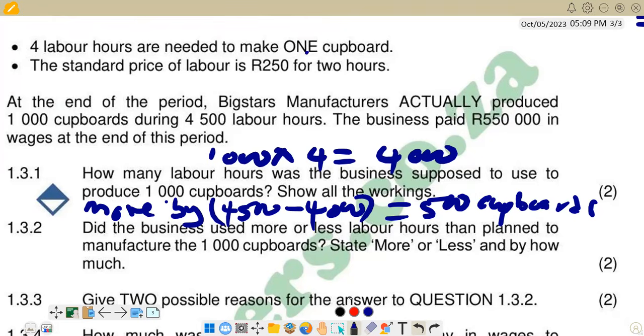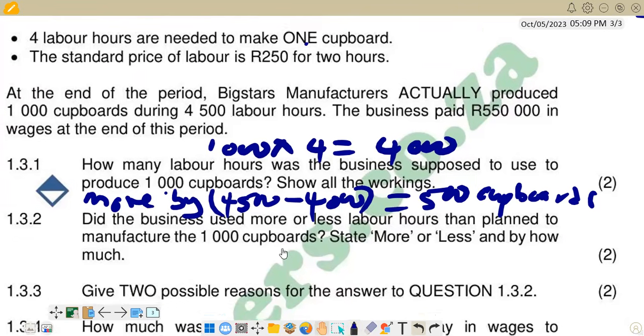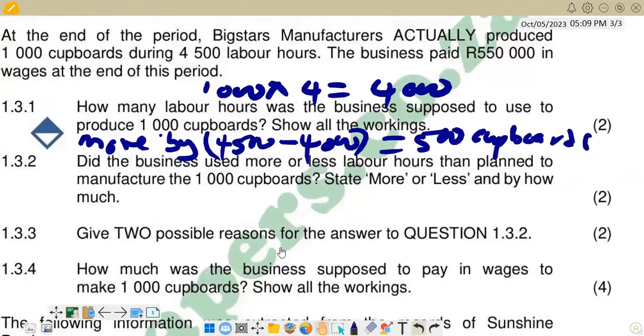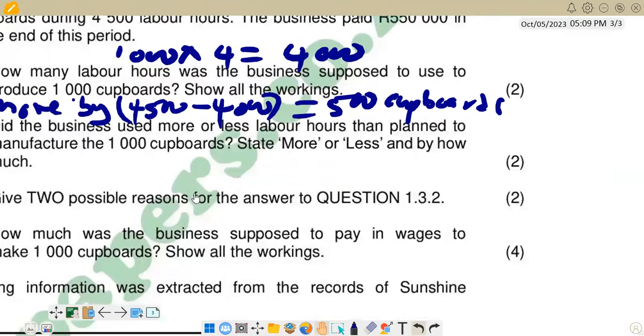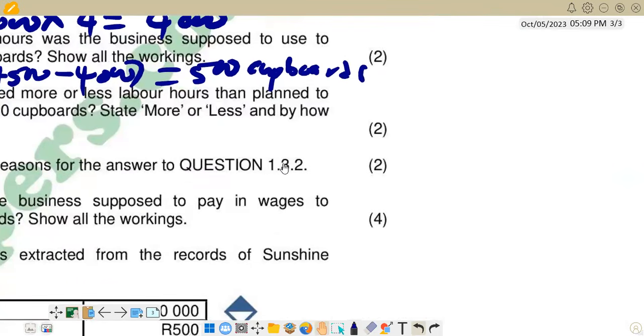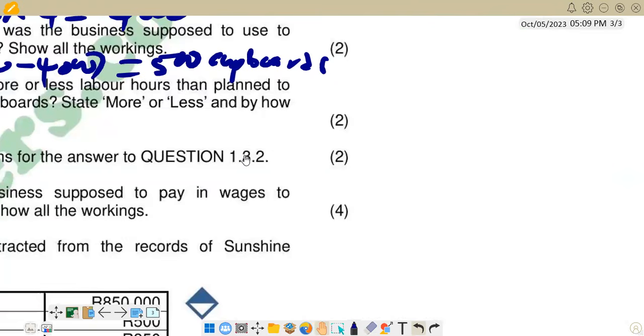Then go to the next one, which is saying give 2 possible reasons for question 1.3.2. So the reason that they want there is why did they use more labor hours than required? Obviously, it means the workers were dragging, they delayed production.